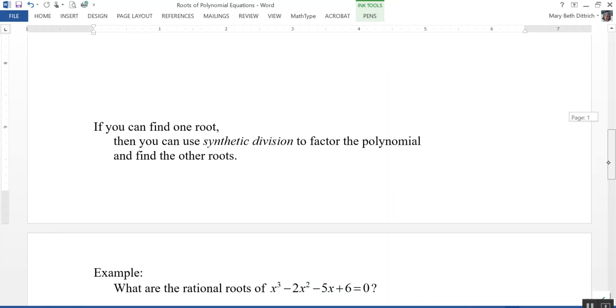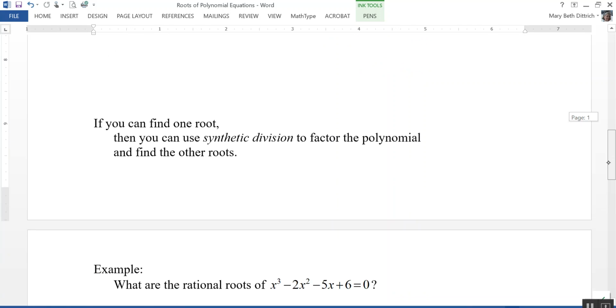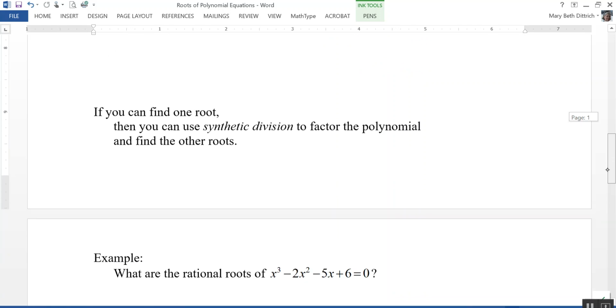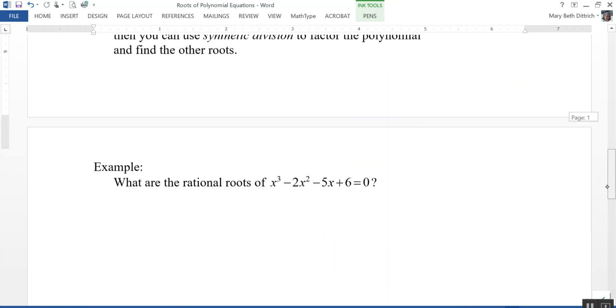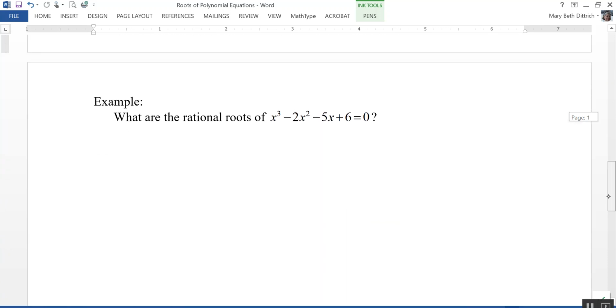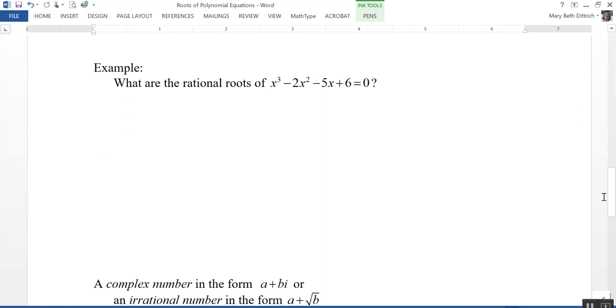If you can find one root, then you can use synthetic division to factor the polynomial and find the other roots. So here's an example. What are the rational roots of x cubed minus 2x squared minus 5x plus 6? My values of p are going to be the factors of my constant term, which is 6: plus or minus 1, plus or minus 2, plus or minus 3, and plus or minus 6.